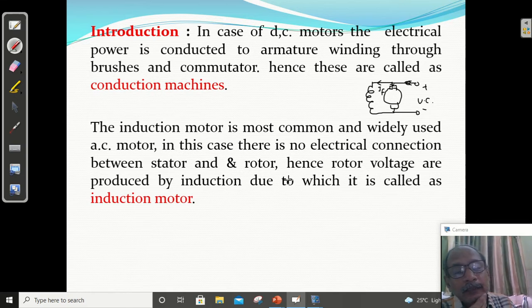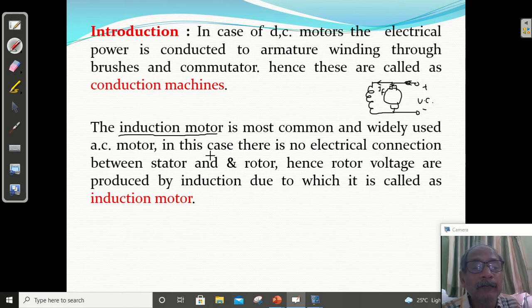In case of induction motor, we are giving the supply to the stator winding. In place of armature and field, we will say stator and rotor. Two windings are there.